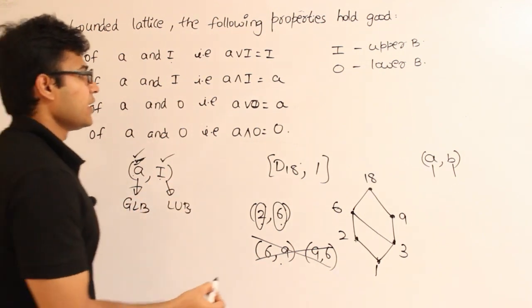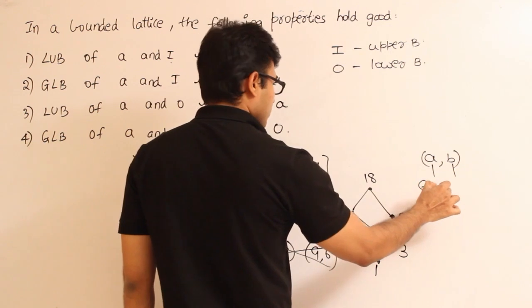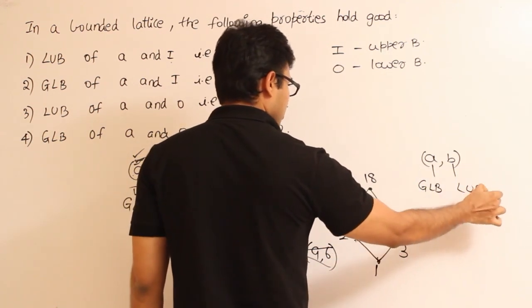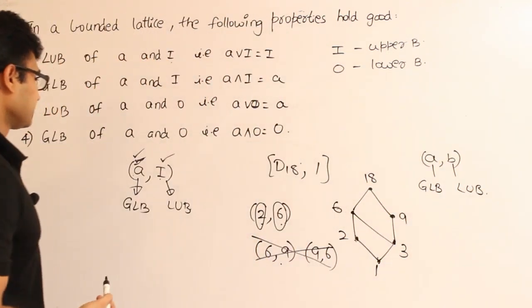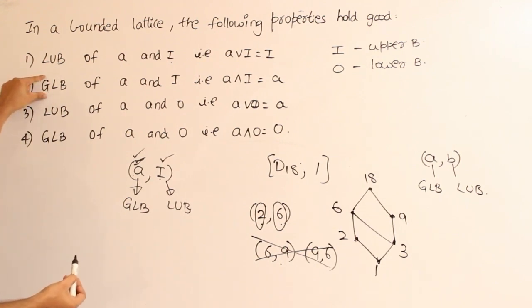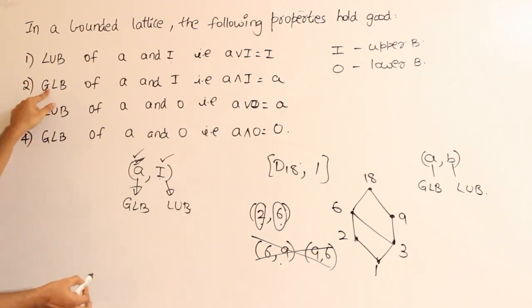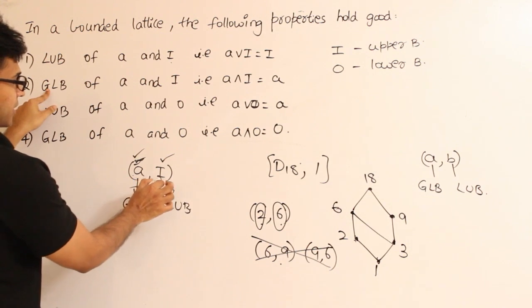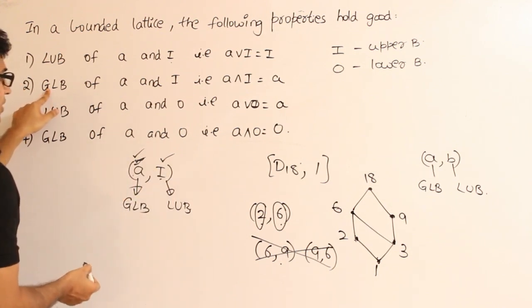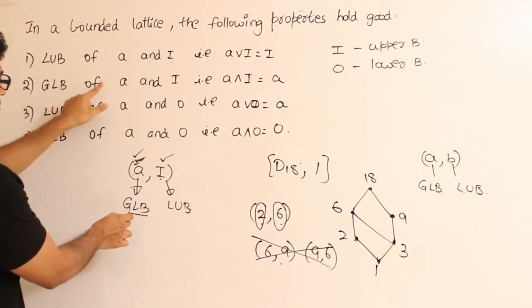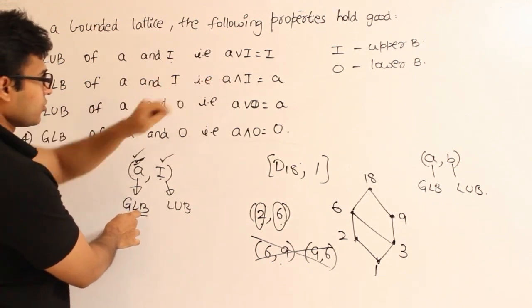Now when you have this ordered pair (A, I), the greatest lower bound of A and I is going to be A. Got it?